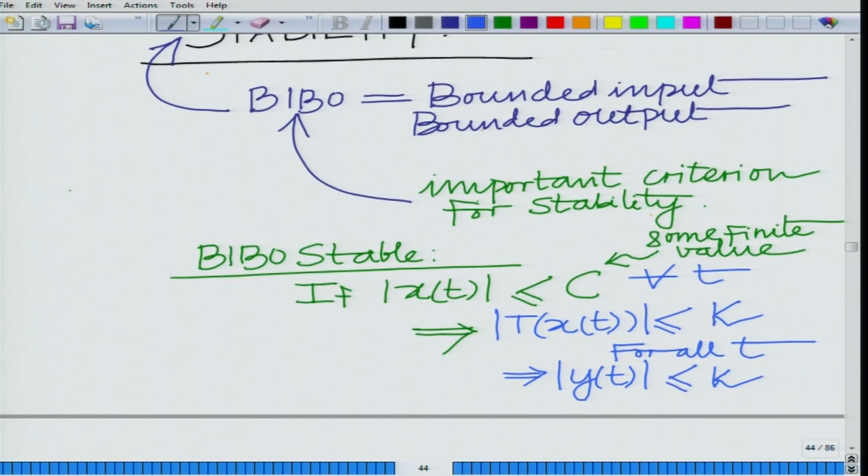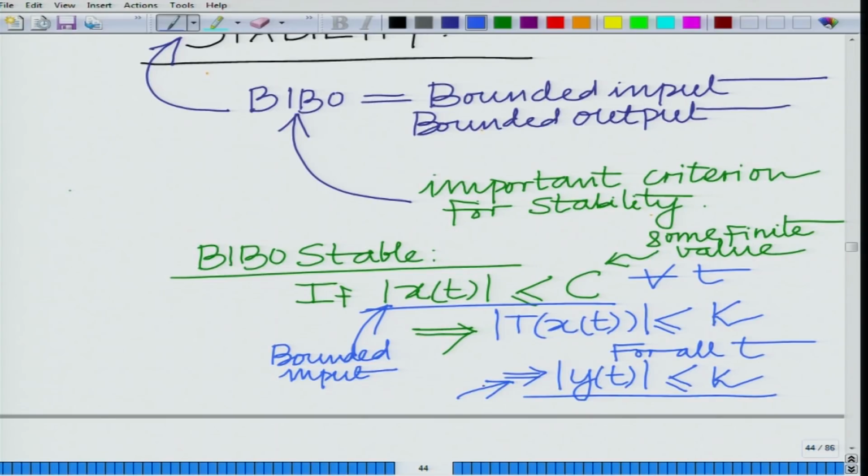So this basically implies that when the input is bounded, correspondingly the output is also bounded.